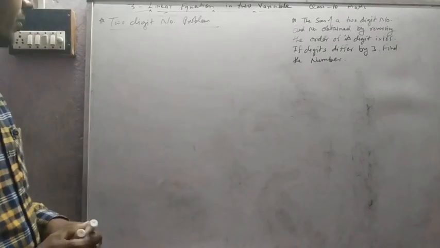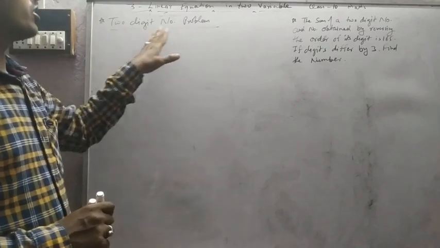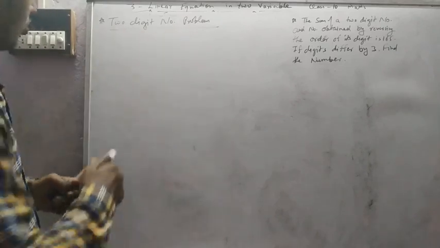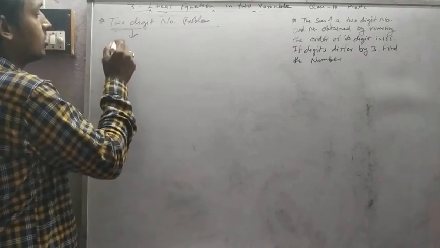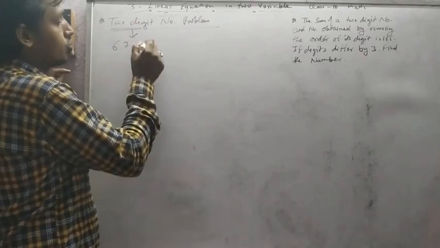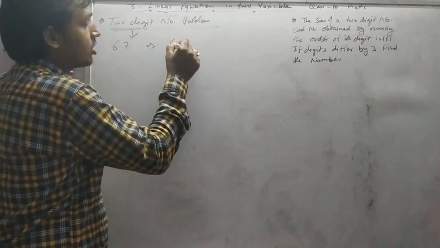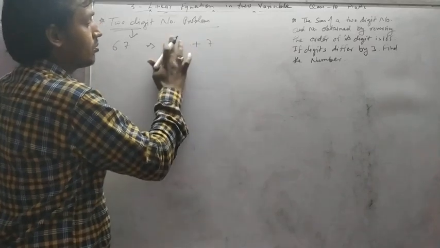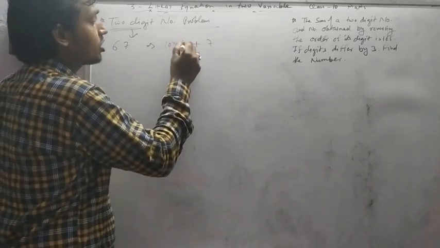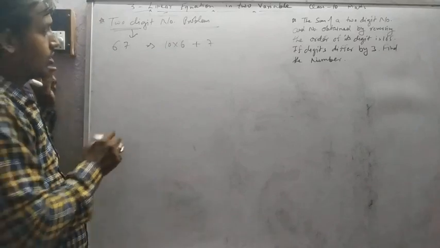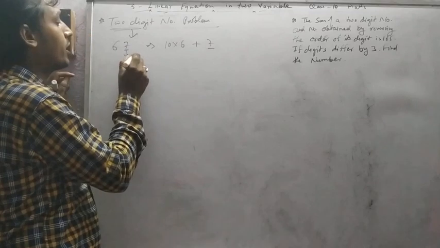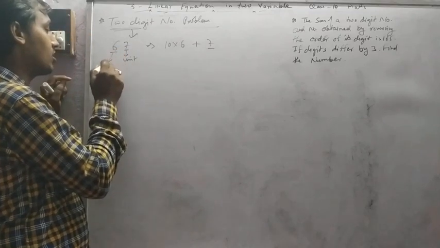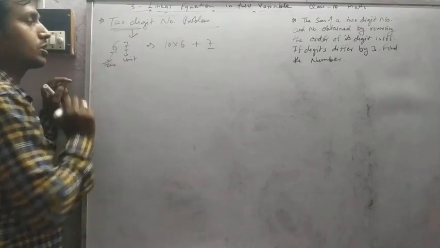Take another topic, 2-digit number problem. A 2-digit number means, write 67. So it means 60 plus 7, means 10 into 6 plus 7. So 7 is the unit place and 6 is the tens place.